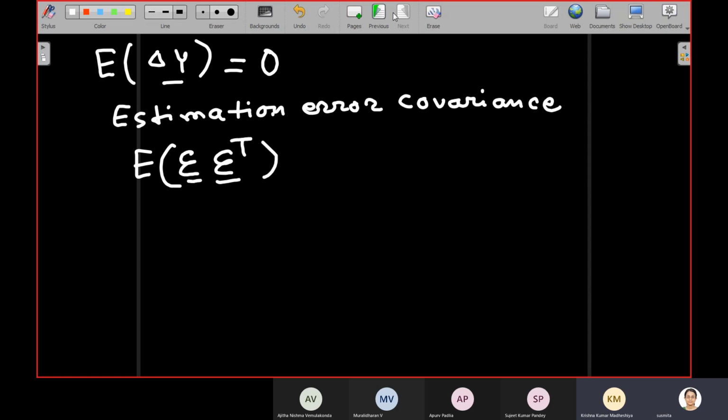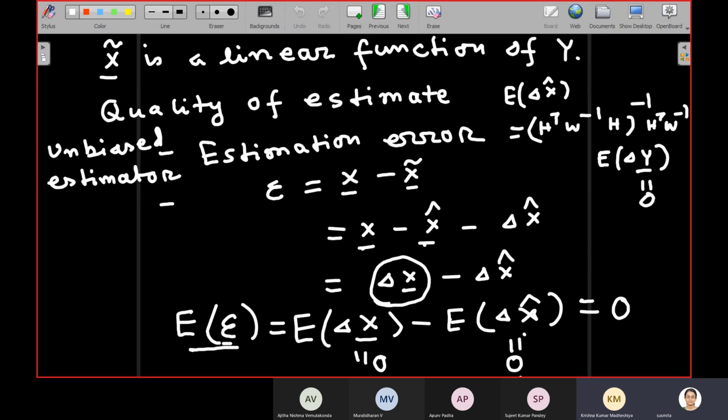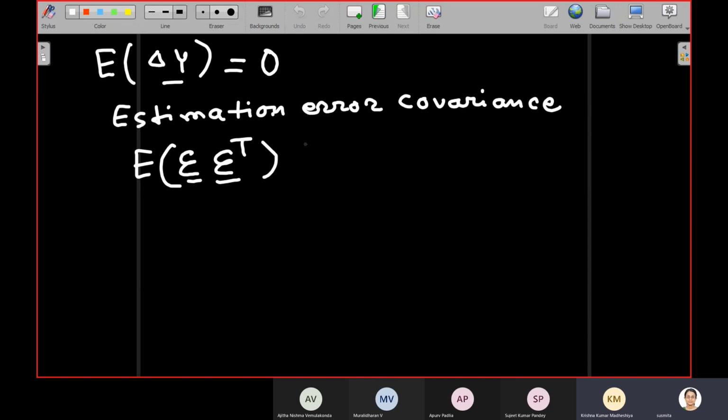So estimation error covariance is given by this one. Using this expression, we can write the estimation error covariance as delta x minus delta x hat.